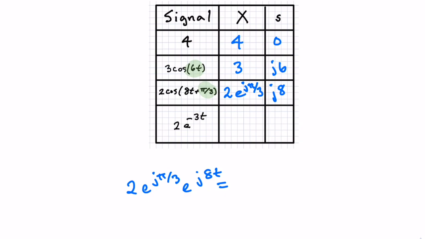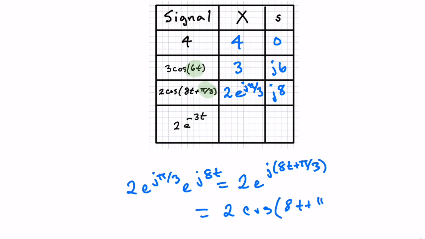This would be the same thing as 2 e to the j (8t plus pi over 3), which in terms of Euler's formula is 2 cosine (8t plus pi over 3) plus 2j sine (8t plus pi over 3).